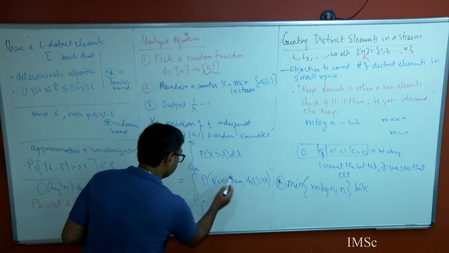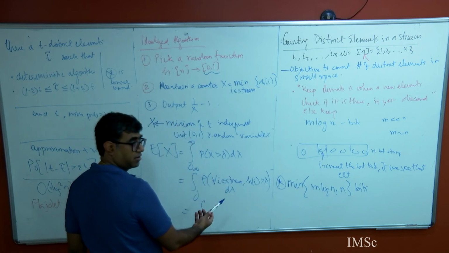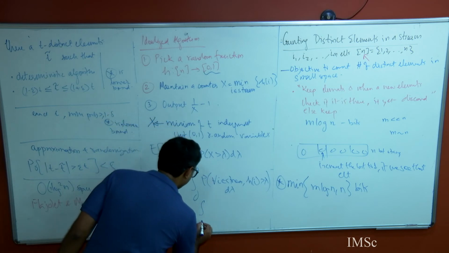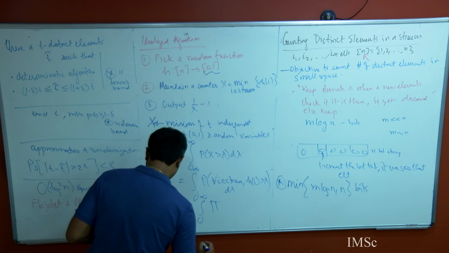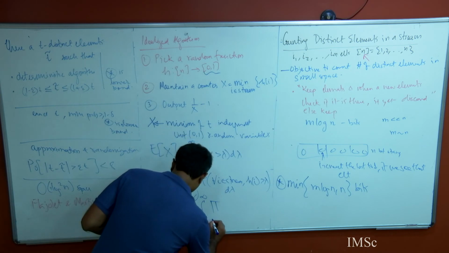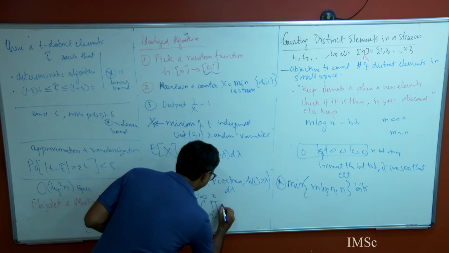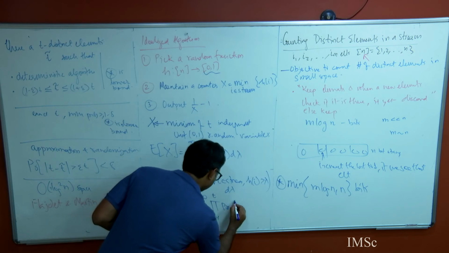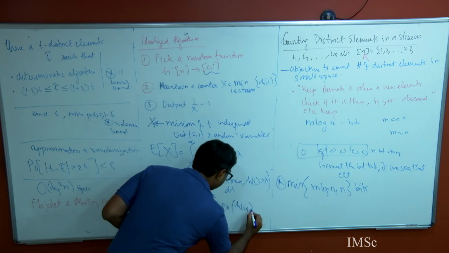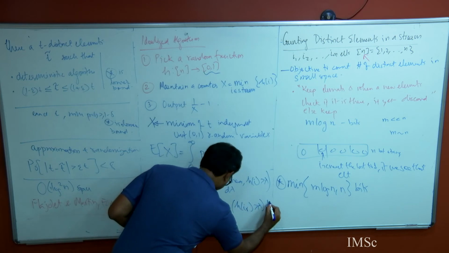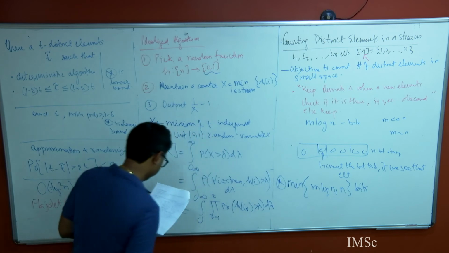Now, what are these things? These are independent random variables, so I can just write down the product. Integral from 0 to infinity of the product over r equal to 1 to t of the probability that h_i_r is greater than or equal to lambda, d lambda.